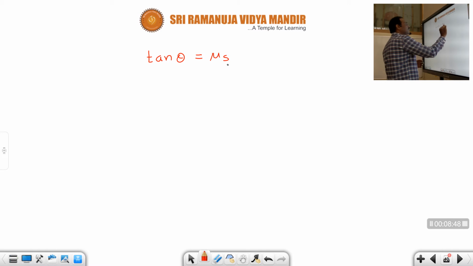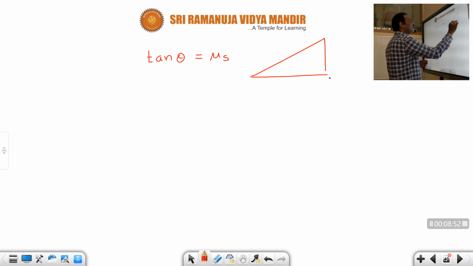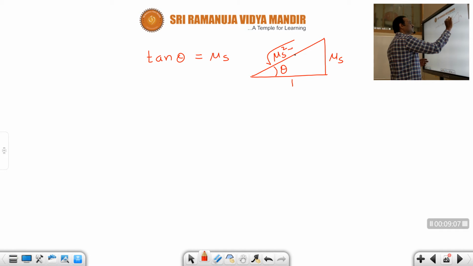That means, if we consider a right angled triangle with an angle theta, tan theta means opposite by side. That is, opposite will be mu s, side will be 1, and then the hypotenuse will be root under mu s square plus 1. This is the hypotenuse.